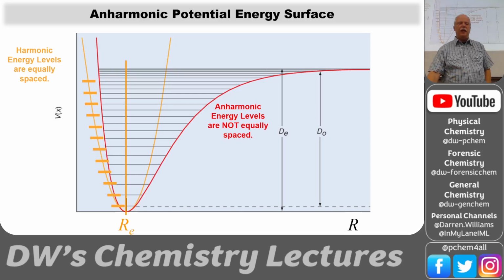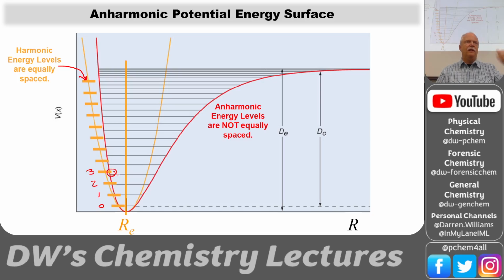You can see that anharmonic energy levels are not equally spaced. So if you look down here, the fundamental, this is 0 to 1. That matches. So these gold lines here would be the harmonic oscillator energy levels, and they're equally spaced. But notice when you get to 2 and 3, especially 3, you can see there's a difference here.